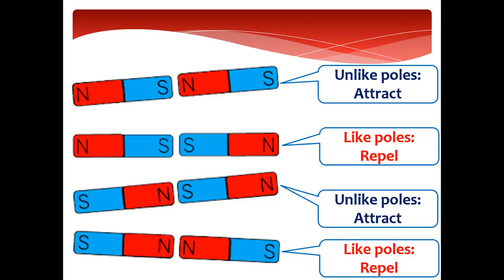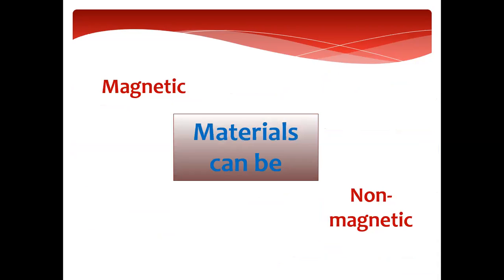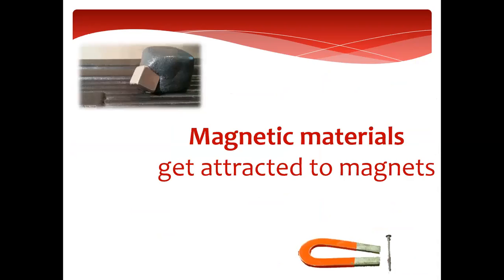Okay, now comes to magnetic and non-magnetic materials. There is something called magnetic and something called non-magnetic. What does this mean? Magnetic materials are the materials that are attracted to the magnet, as the name says. Like what?